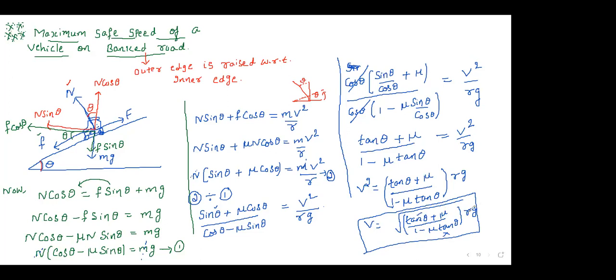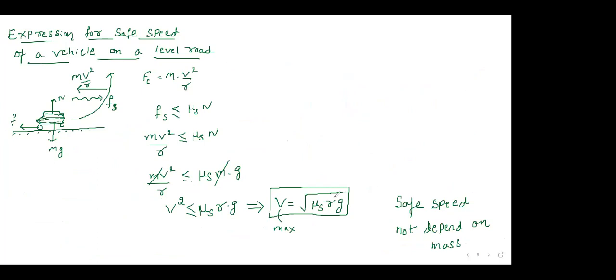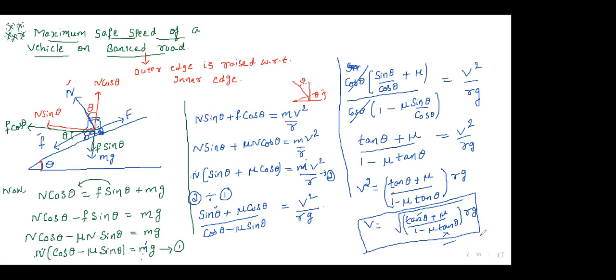So even if you put theta equals 0 degree here, you will get the same formula back. That is root of mu r g, if you just put theta equals 0 degree. So this is the maximum safe speed of the vehicle on the level road.